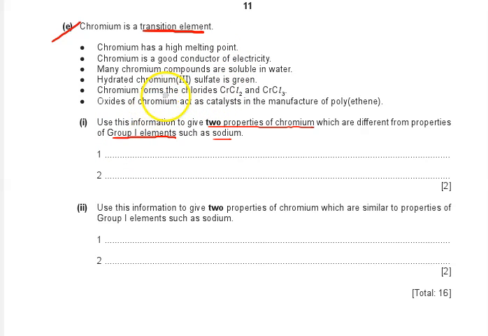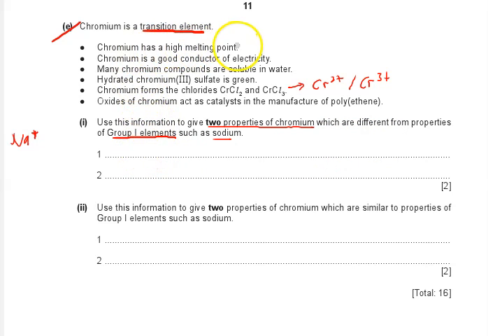Sodium, you can mention it has only one oxidation state. However, look at chromium, it has 2 oxidation states: one is chromium 2 positive, another is chromium 3 positive. One of your answers here.